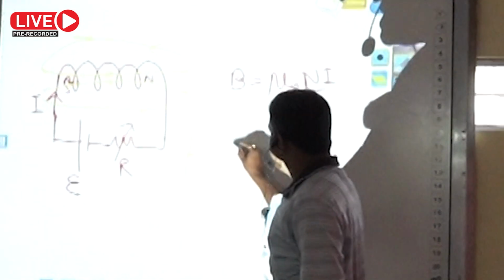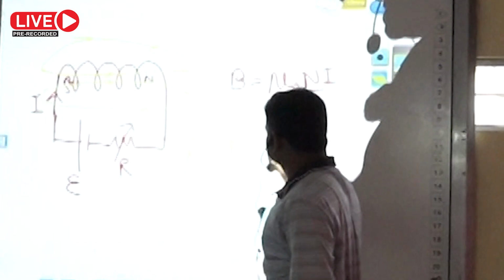If by using a rheostat I vary this current, what will happen? See, this magnetic field is passing through the area of each turn of the coil. Suppose the coil has N number of turns, then the flux associated with this coil will be N B A, right?